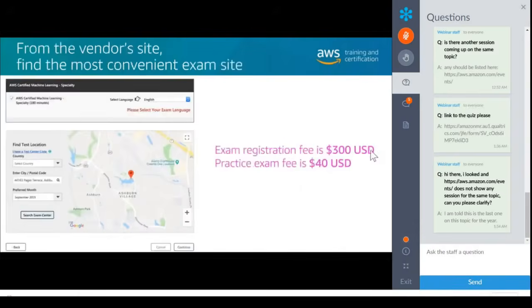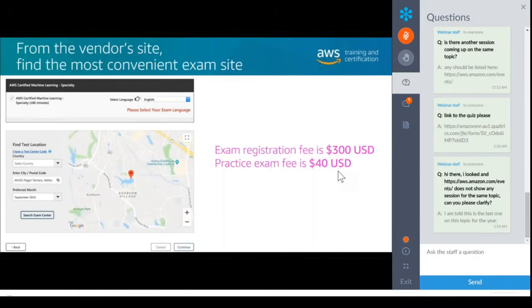The exam costs $300 US, and if you wish to also go through a practice exam, you can pay $40 for a practice exam that you can take online, which I think gives you 30 questions to see how you're doing.